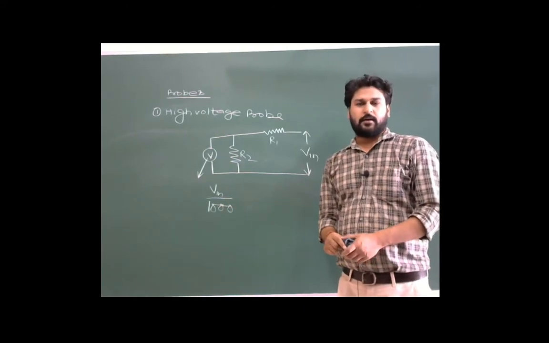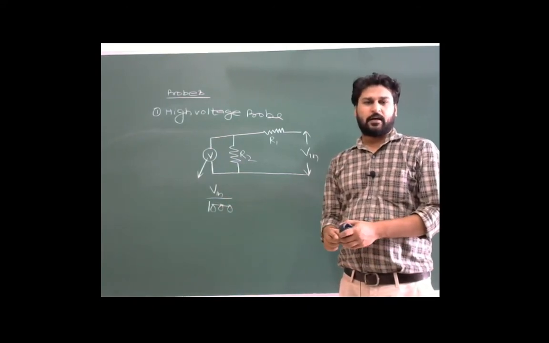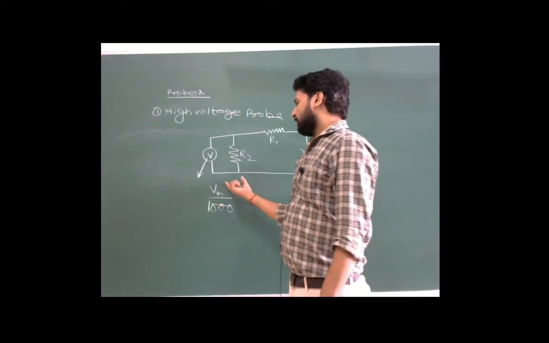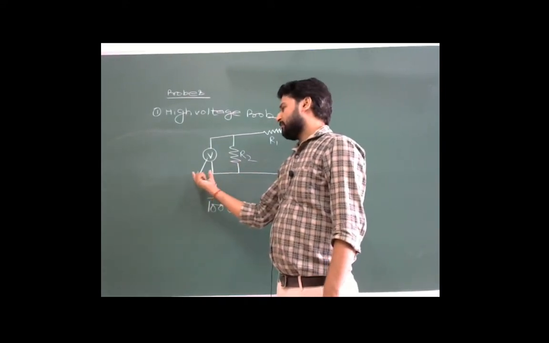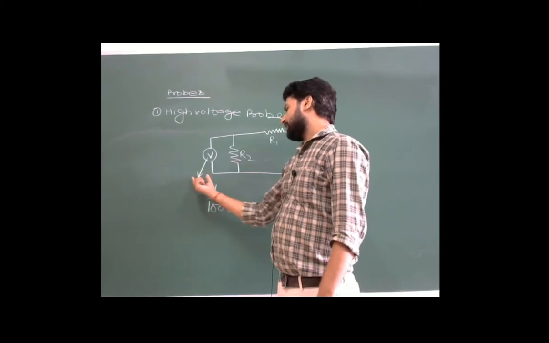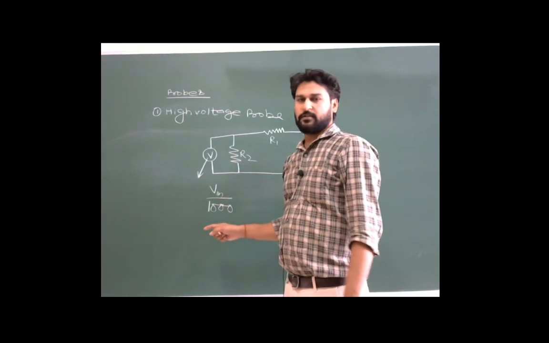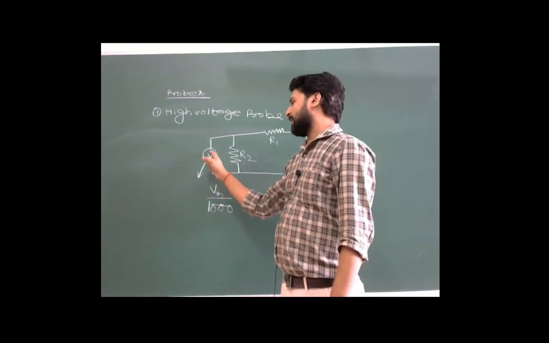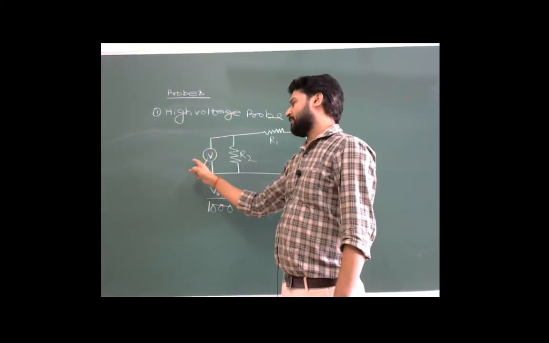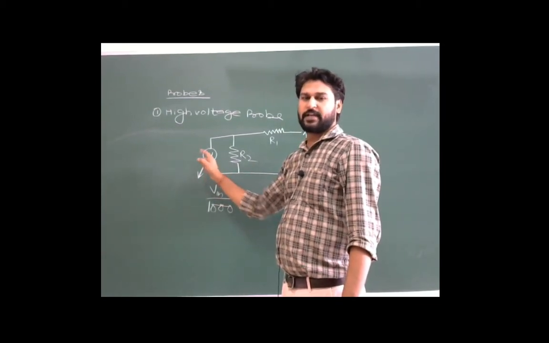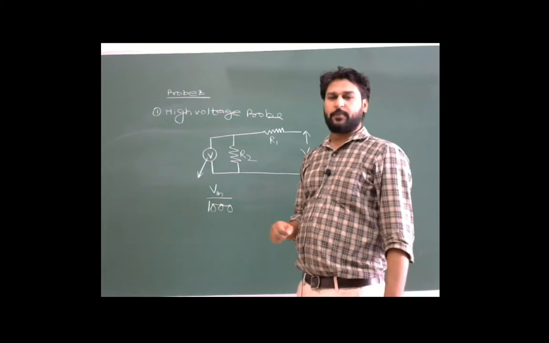Whatever reading I get on the scale of this voltmeter, I will multiply by 1000, and then I will get the accurate value of the input voltage.